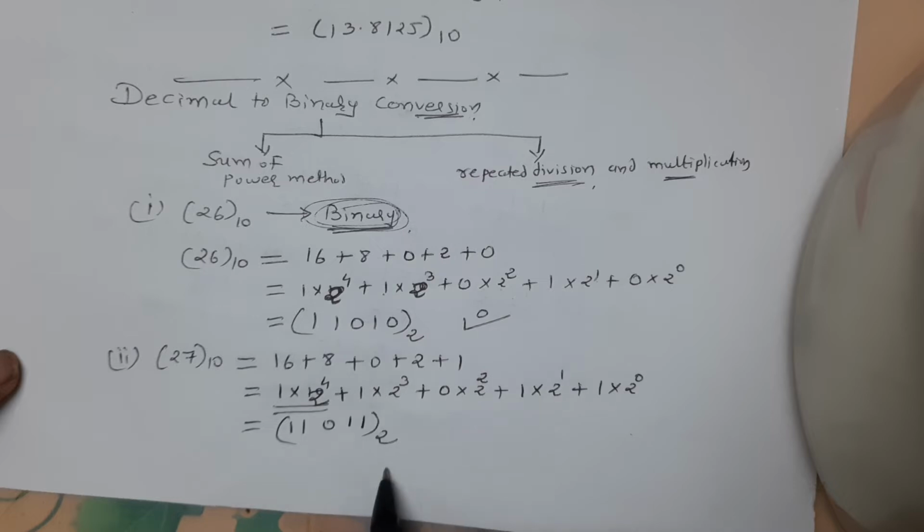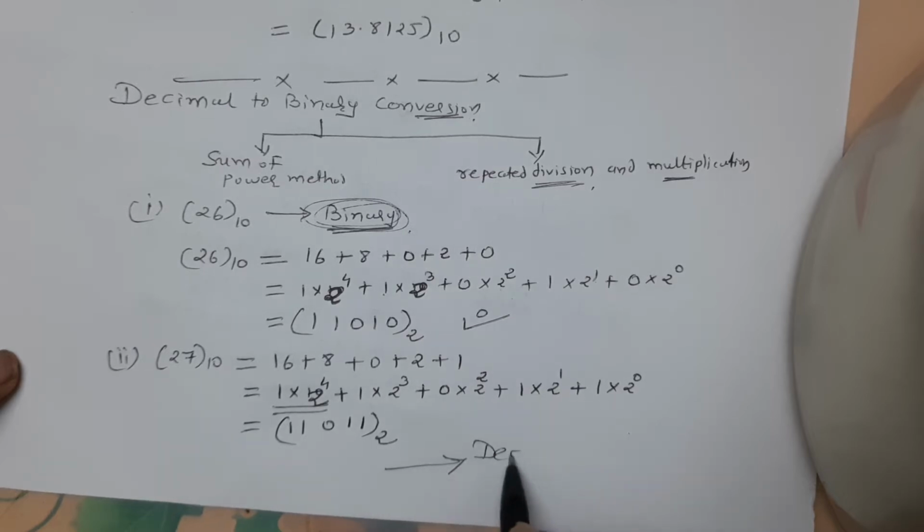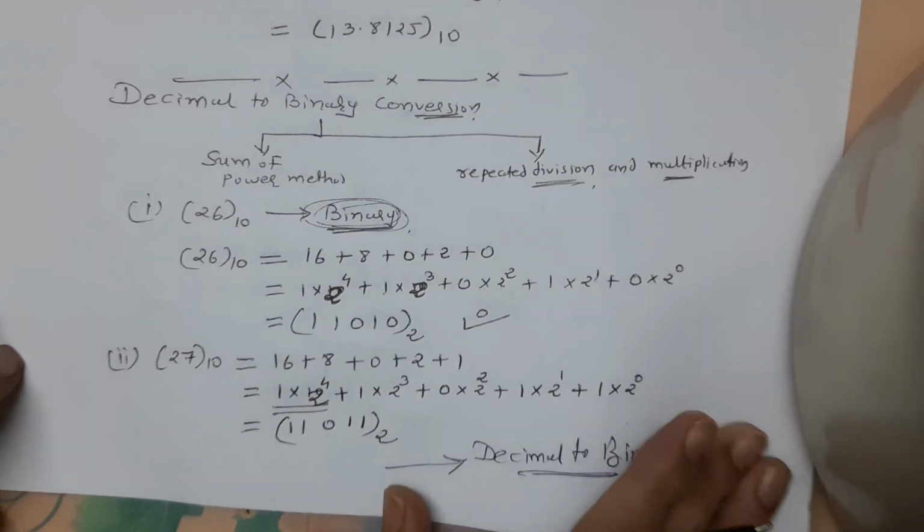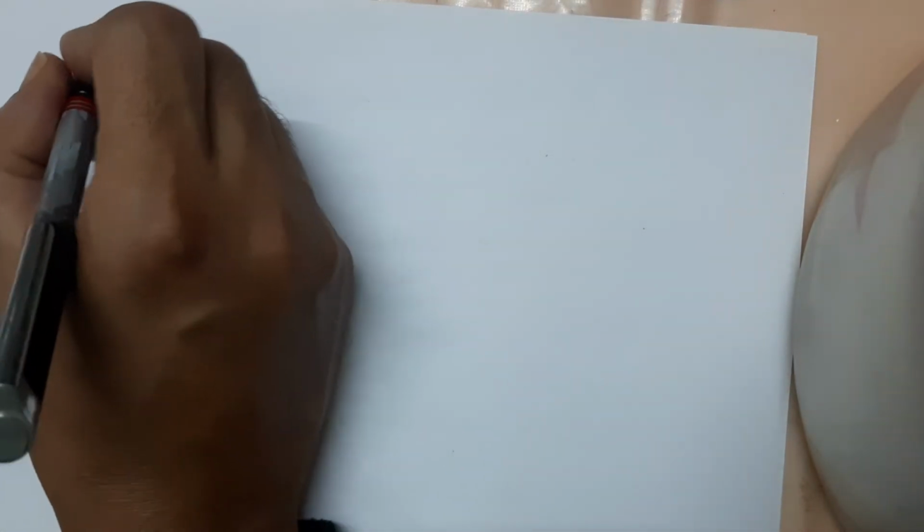In this way, we convert decimal to binary in integer. What about fractional? So for a fractional number, we use a simple example.